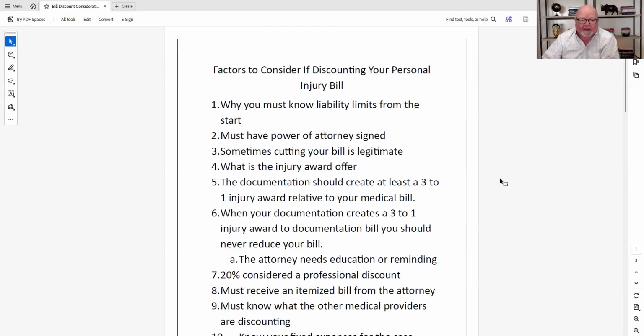Okay. What is the injury award offer? You've got to know what that is. And, how do I say this, you don't want maybe, kind of, sort of. You want to know what it is, black or white. Don't let your attorney say, well, it looks like it's only going to be X. What does that mean? It means nothing. He just said it looks like.